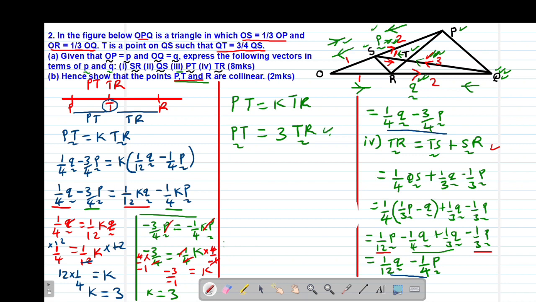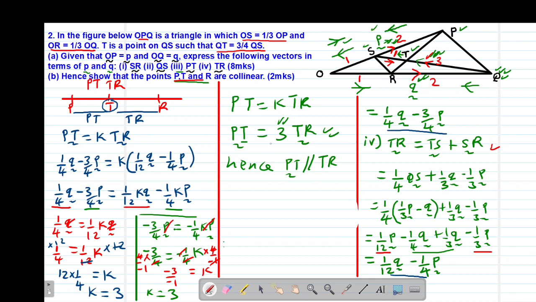Hence this is showing that the vector pt is parallel to tr, because one is a scalar multiple of the other. The 3 in this case is what we are calling the scalar multiple.